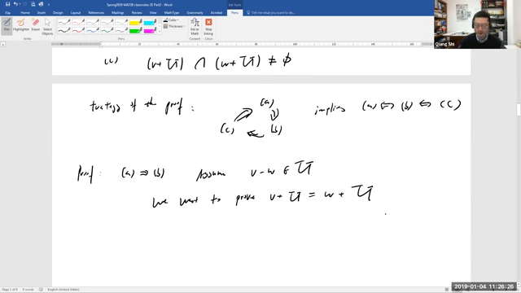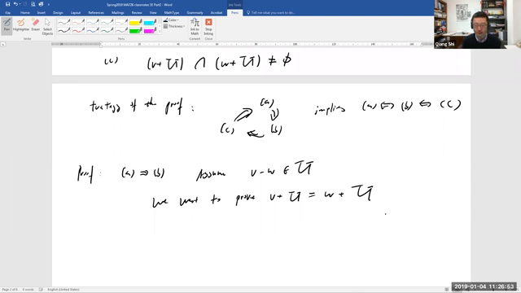And remember the definition. First, V plus U is a subset, and W plus U is a subset of V. So each of them is a set. If you're trying to show two sets equal to each other, you want to show the left-hand side is a subset of the right-hand side, and then the right-hand side is a subset of the left-hand side, then they equal each other.